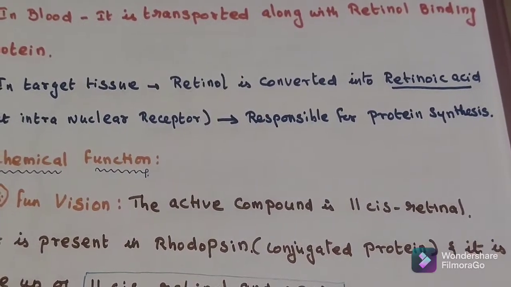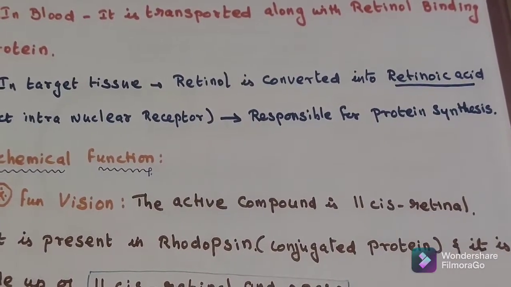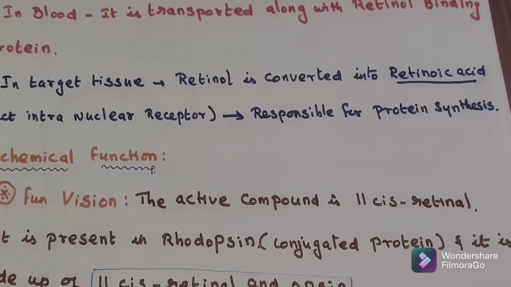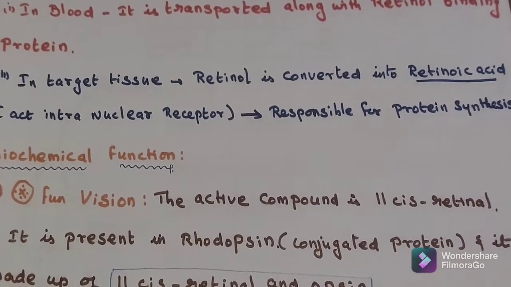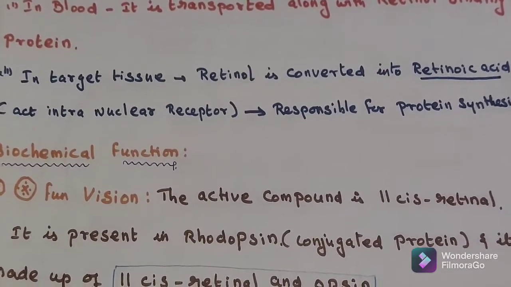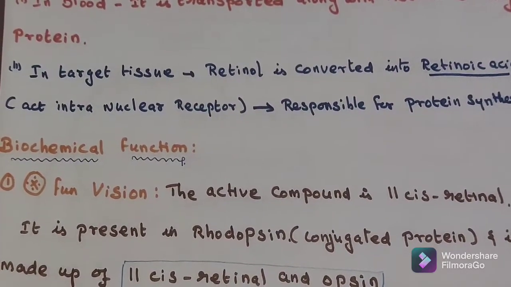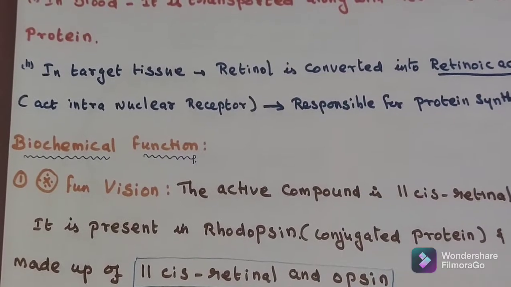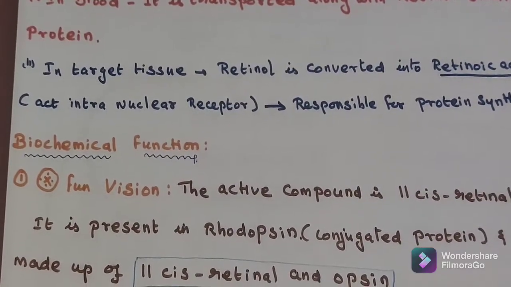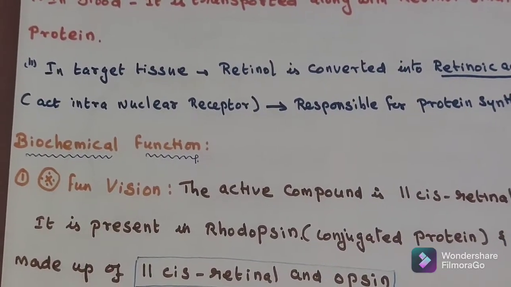Protein synthesis is why it is important in all cell growth and differentiation. This is the mechanism of action of retinoic acid and retinol. The retinal is important in Wald's visual cycle also.